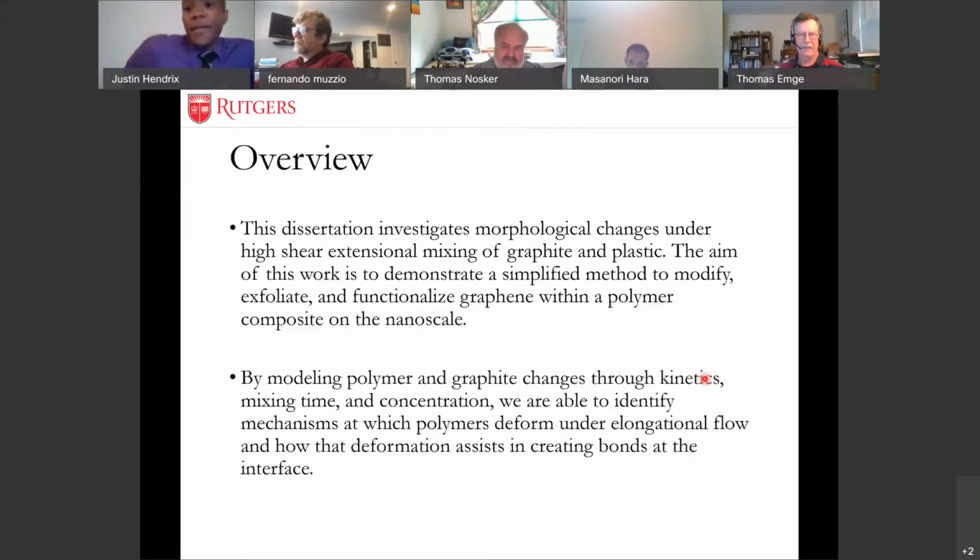To give you an overview, this work is to investigate morphological changes under high shear extensional mixing involving both graphite and the polymer.